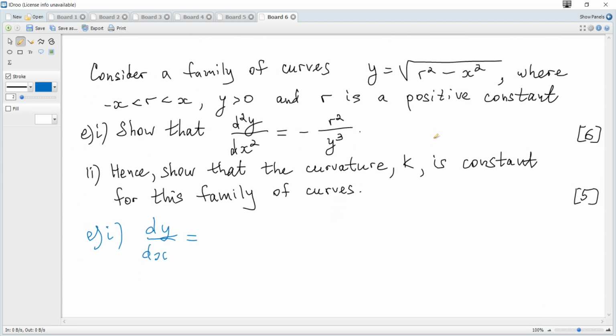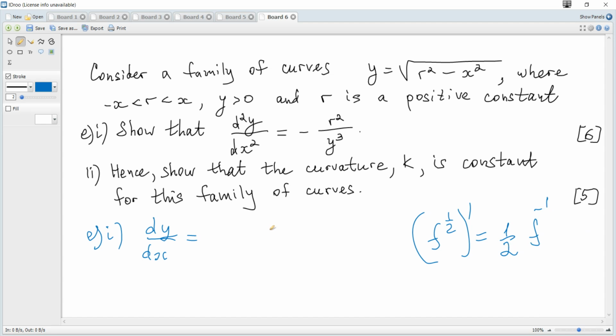So we should apply the chain rule, and it should be considered as some function to the power of a half. The chain rule says to apply the same rule as it would be for x to the power of a half, so the derivative is a half function to the power of negative a half, and according to the chain rule, it must be multiplied by this function's derivative.